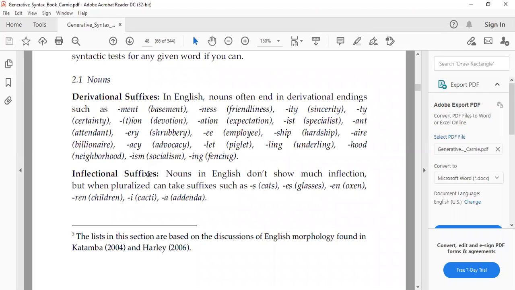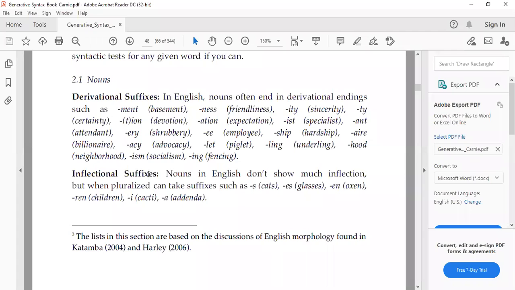So for example, when nouns are pluralized, they can take suffixes such as s as in cats, es as in glasses, also ren as in children, i as in cacti, as in cactus, cacti.